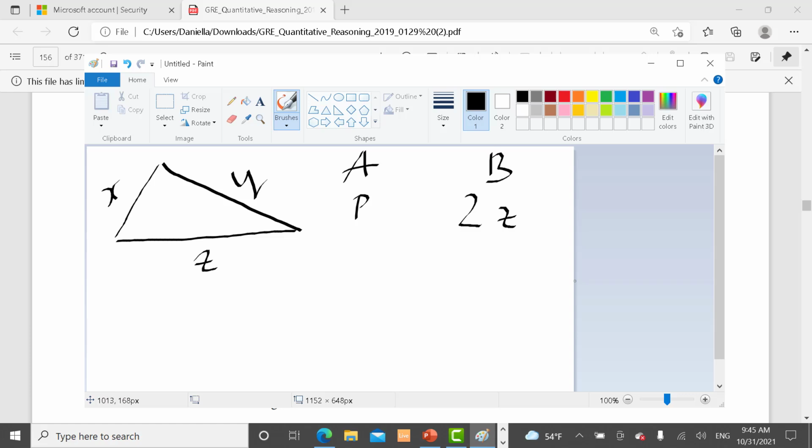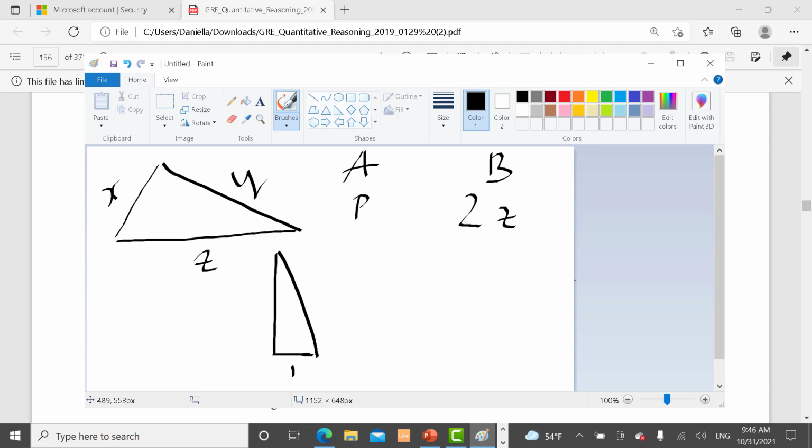So I'm gonna show you one example that A is greater, and one example that B is greater. So in order to show that quantity A is greater, I'm going to pick a very small z.